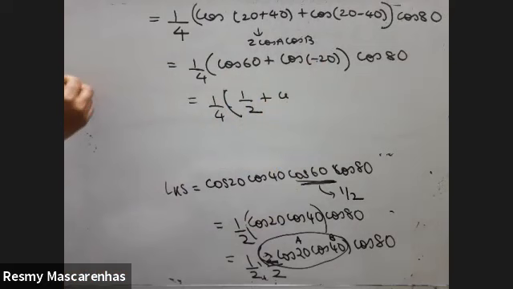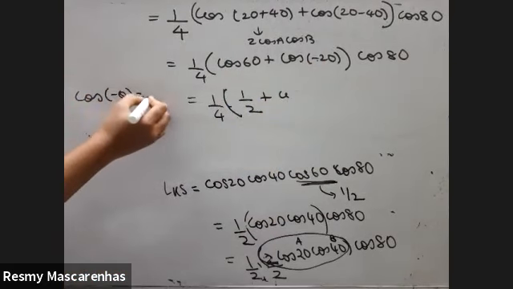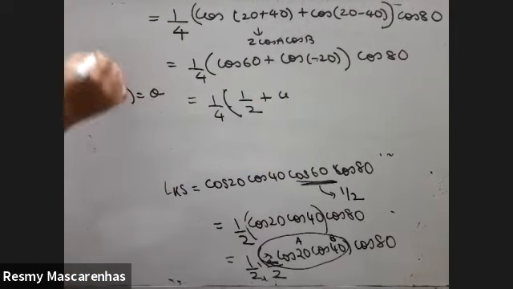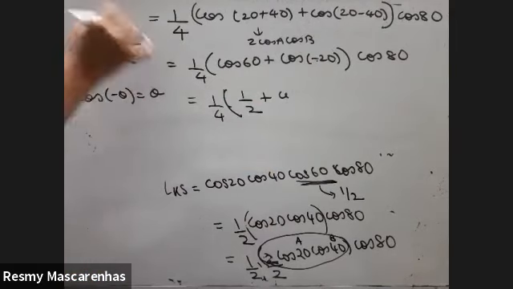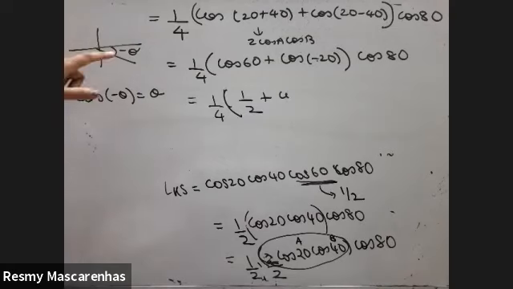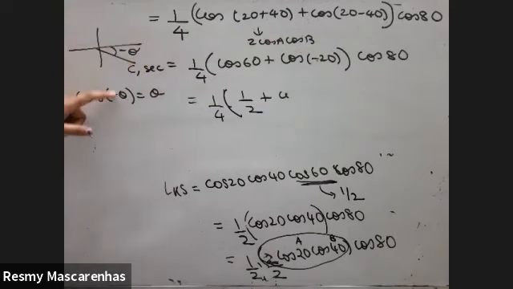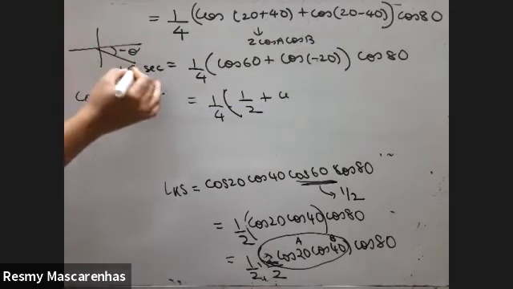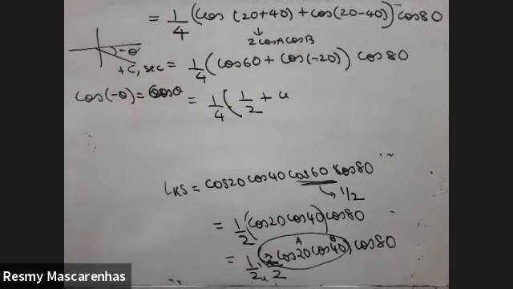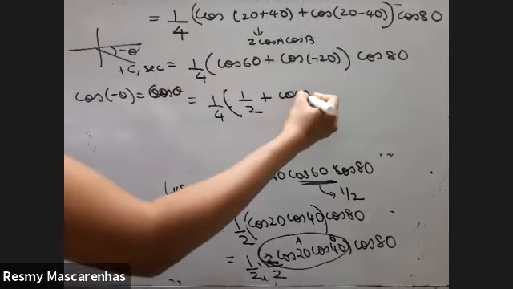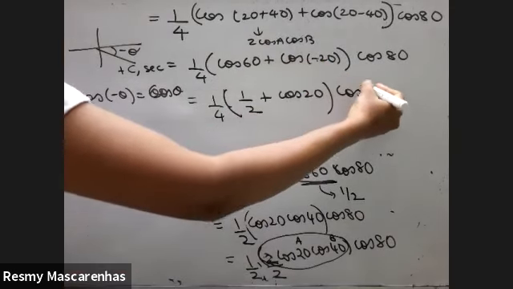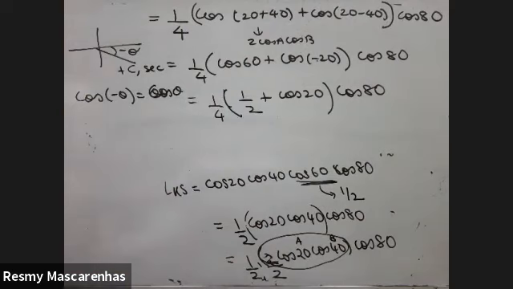And cos of minus, remember, even if you want to write it on the notebook and keep it on top, it is always plus. In case you forget, check: minus theta means always check in the fourth quadrant. Any angle you have with minus inside, check in the fourth quadrant. You know that cos and sec are positive there. So even if the angle is negative, your cos will become positive. So cos of minus 20 will be simply cos of plus 20. The cos of minus theta is cos theta.